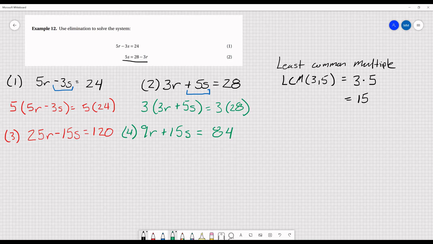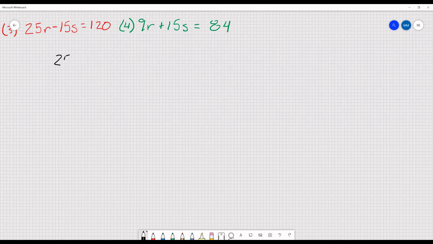So what I'm going to do now is the elimination adding step using equation 3 and equation 4. I will take 25r minus 15s equals 120 and add to that 9r plus 15s equals 84.